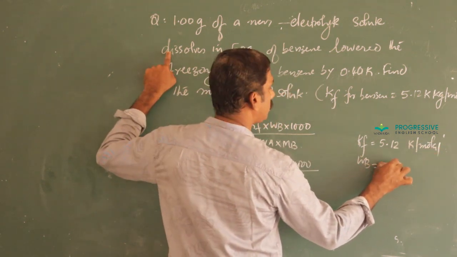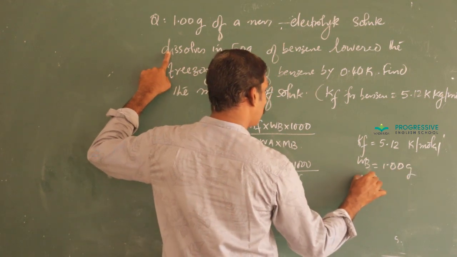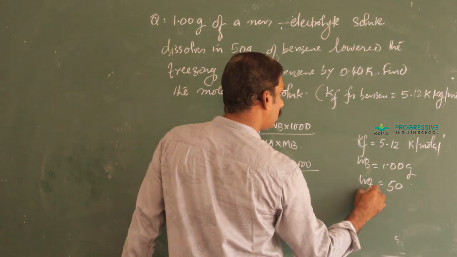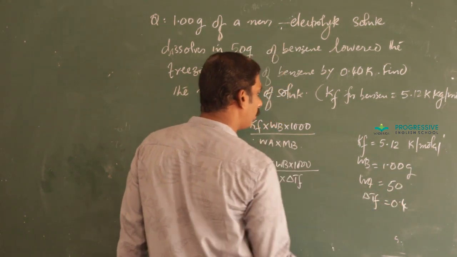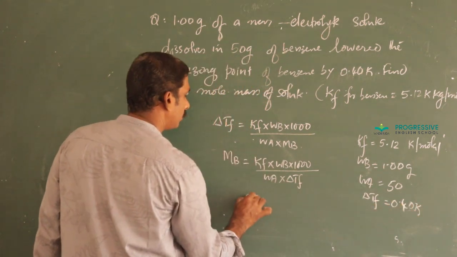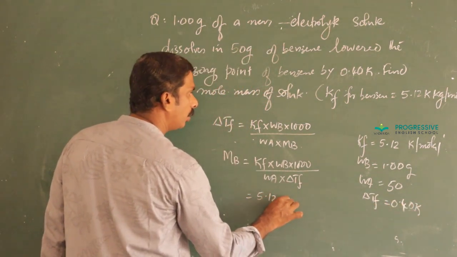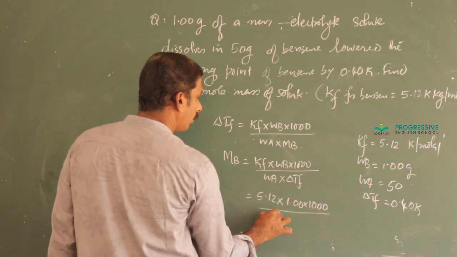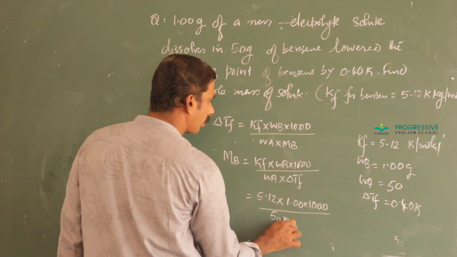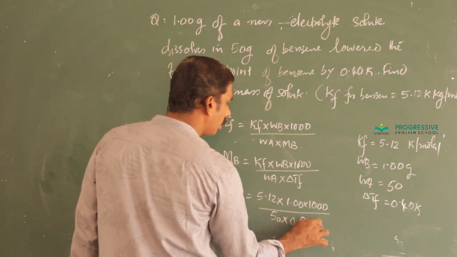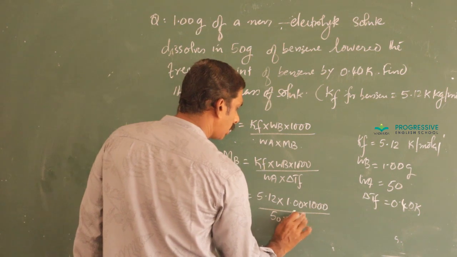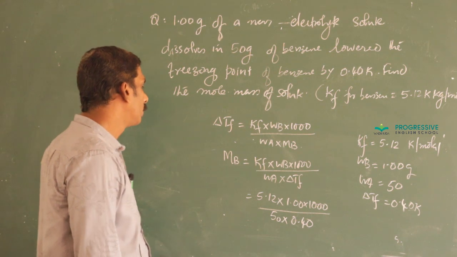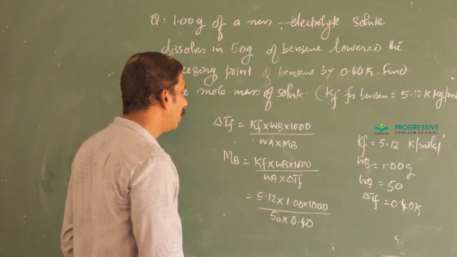Wb is 1, Wa is 50, delta Tf equal to 0.40 Kelvin. So 5.12 into 1 into 1000 divided by 50 into 0.40. 50 into 0.40, 5 into 4, 20.